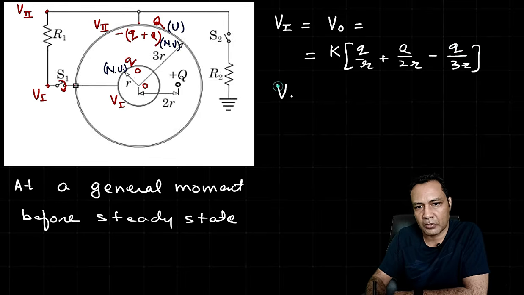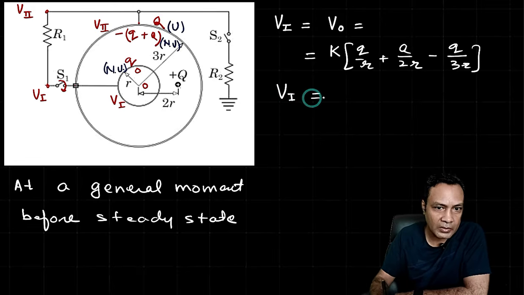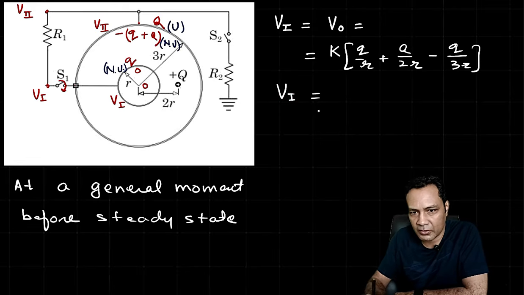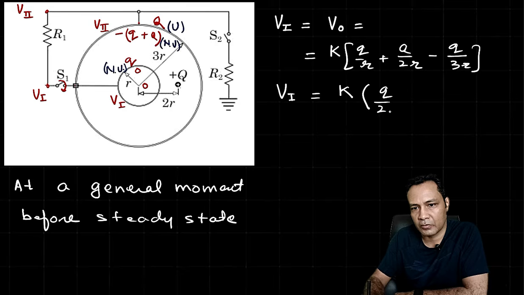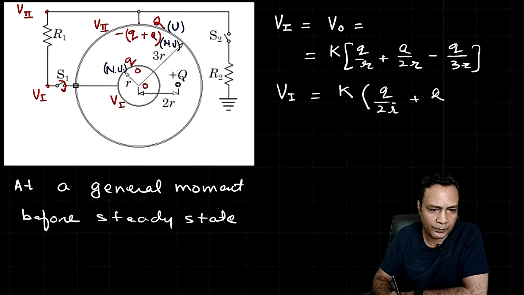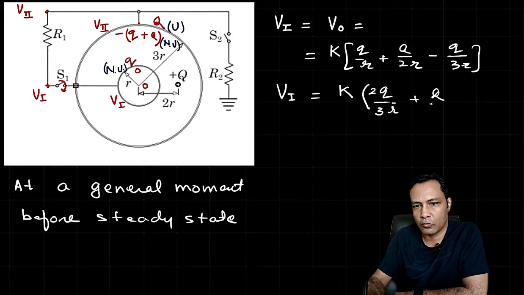So potential of the inner shell, simplifying this K, will be Q by 2R plus capital Q by 2R, and minus 2Q by 3R, and that will be Q by 2R.